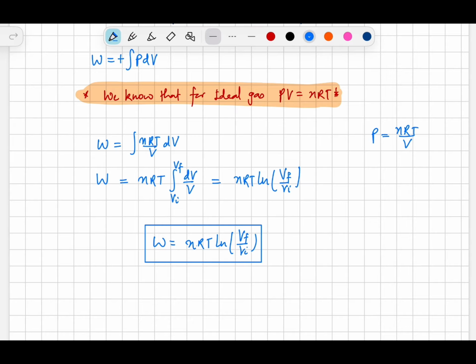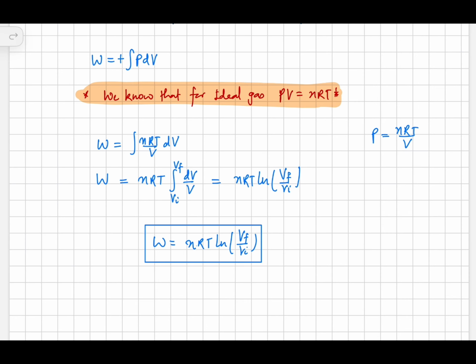So in that case, this equation will completely change. Okay, can you guess where the change will occur? The change will occur here, in the relation of P that we have replaced, nRT by V, which is specifically true for an ideal gas.